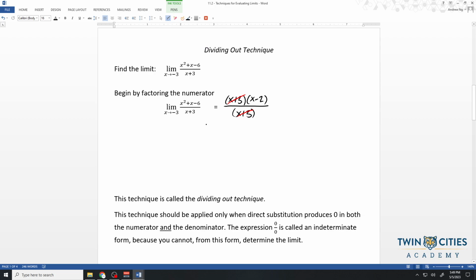So this limit, as x approaches -3 of my original function, is the same as the limit as x approaches -3 of just x minus 2. Now I can plug in my -3 here, and I'll get -3 minus 2.